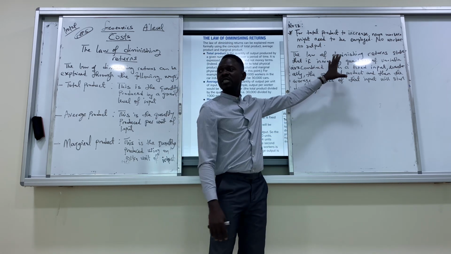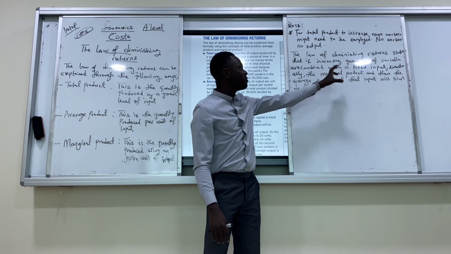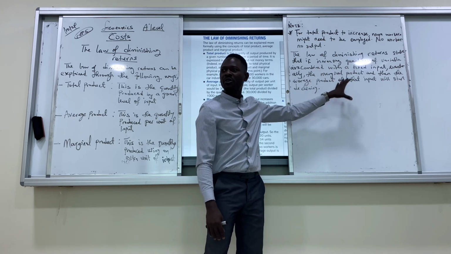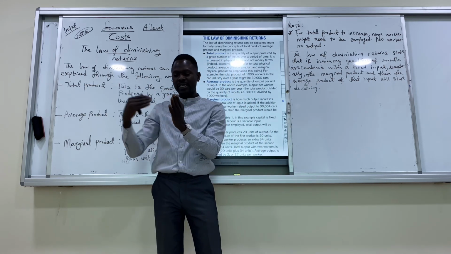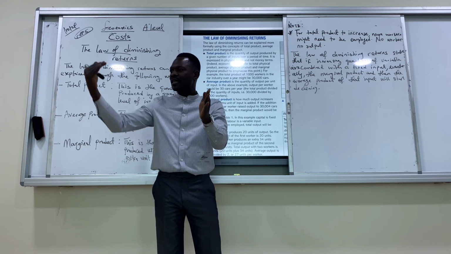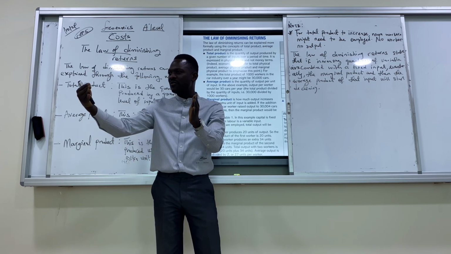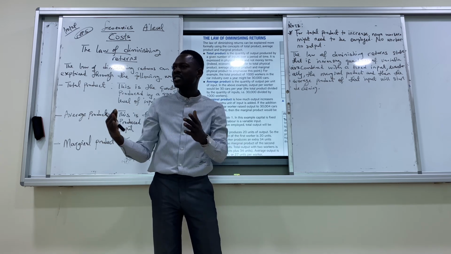So what is the law of diminishing returns? I wrote: the law of diminishing returns says that if increasing quantities of a variable input are combined with a fixed input, eventually the marginal product and the average product will start declining. Remember in the short run, I said, when we have reached an optimum level, what we can do as an individual, as a worker, will start reducing. We don't have that output and we don't have that strength to continue.